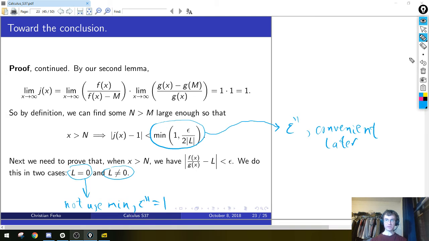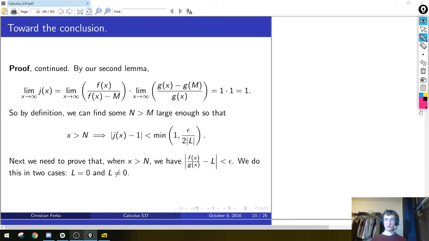Okay, so we're almost done. Now, by the definition of a limit at infinity, we have to prove, since this is our n, this is the answer that we're trying to convince our opponent who has handed us the epsilon. The opponent hopes that we can't find an n that guarantees that this will be within the epsilon that he picked of L whenever x is bigger than the n that we picked.